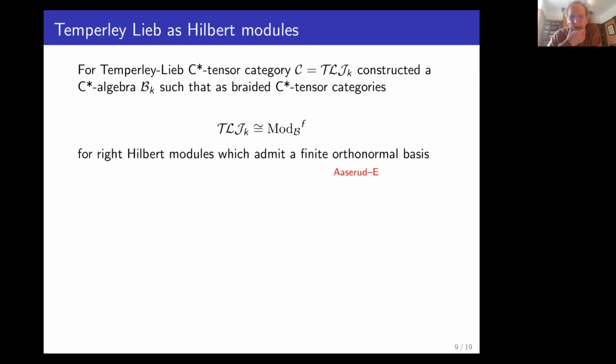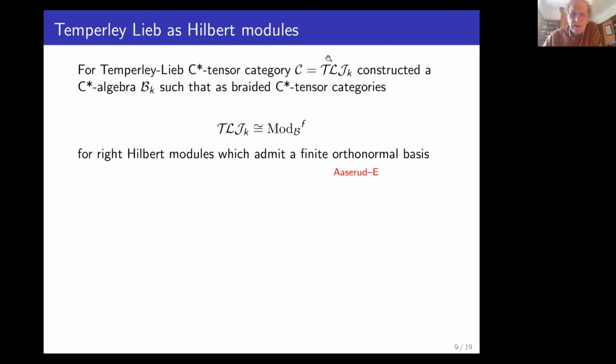Instead of using these bundles of compacts, we construct a single C-star algebra associated to the tensor category. I've written it out here for the Temperley-Lieb, so that's the SU(2) theory, but it works much more generally with braided C-star tensor categories.